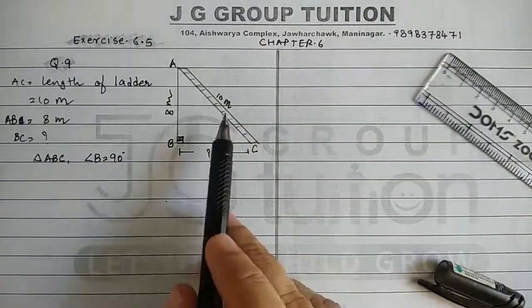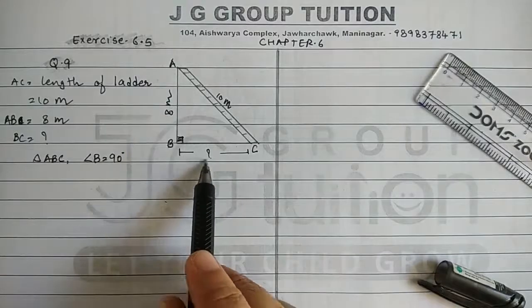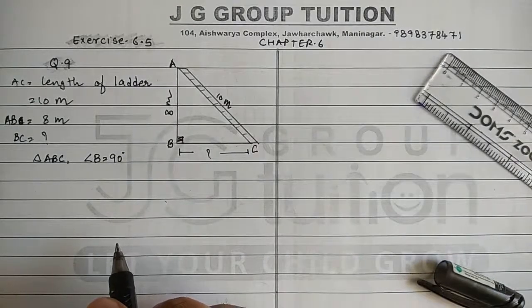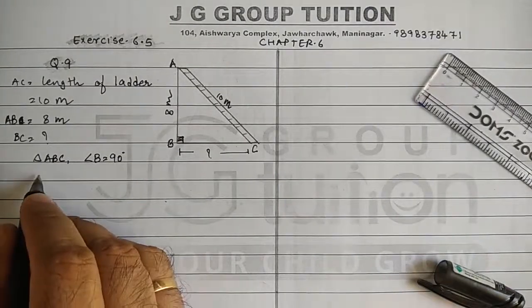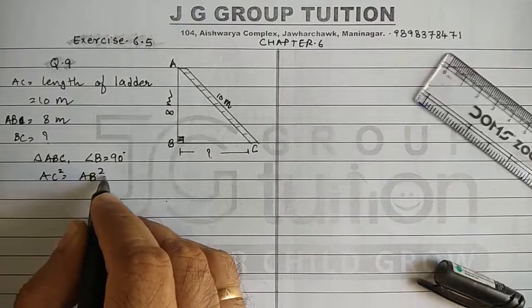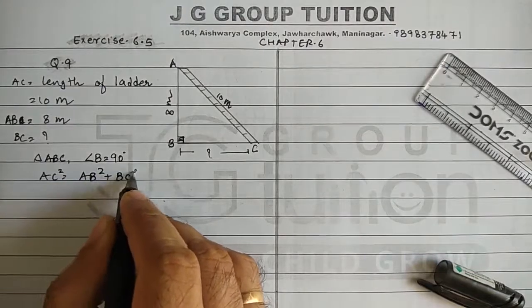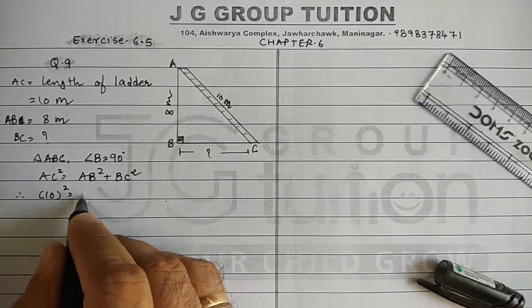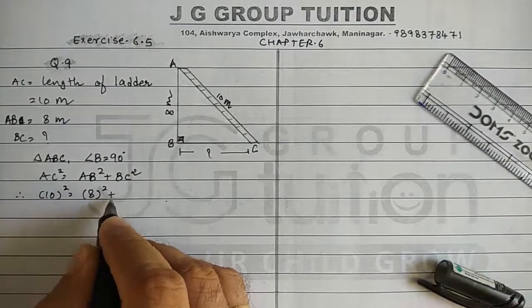You can see that the lengths of two sides are given. The third we have to find out. So we'll use Pythagoras theorem. We know that the square of the hypotenuse is equal to the sum of the squares of the other two sides. So the length of AC we have, that is 10, AB also we have, that is 8, and BC we have to find out.